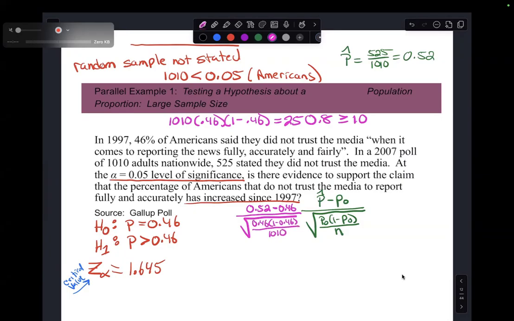That's a lot, but I'm going to show you how I put it in my calculator because parentheses are your friend. So I'm going to calculate that z-score. I'll give you a second to write it down and then I will go calculate it.